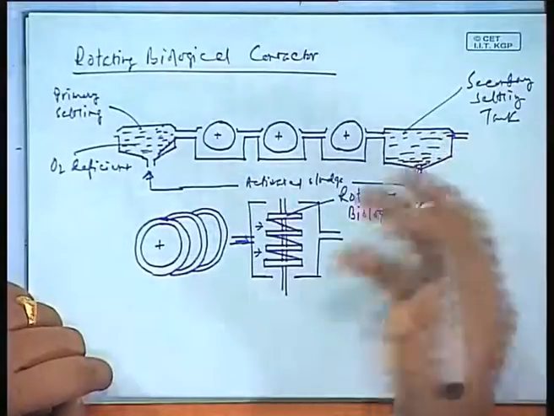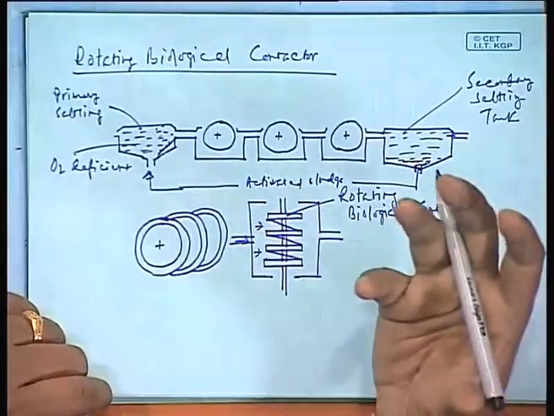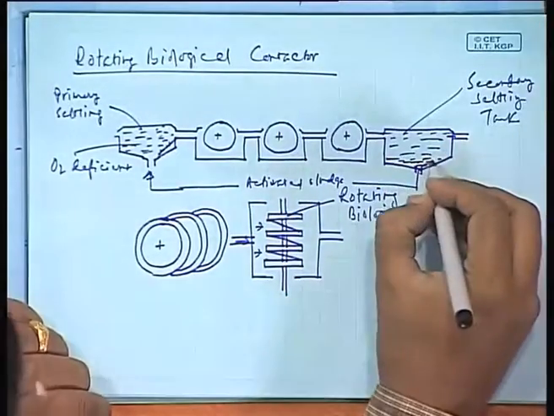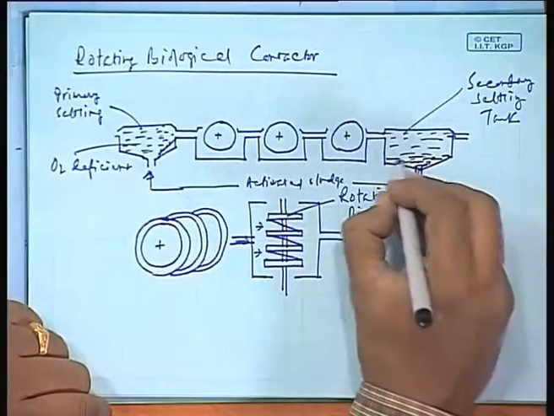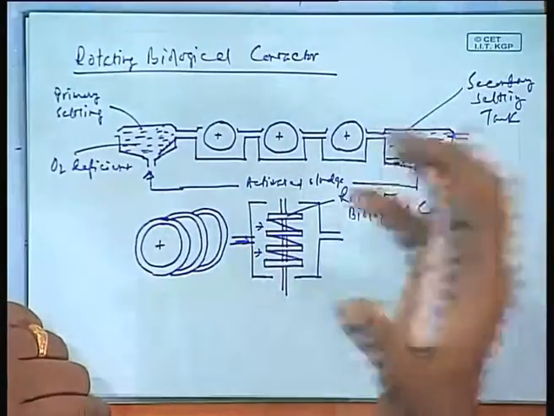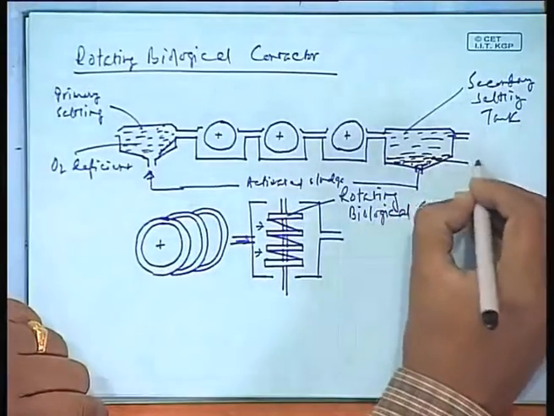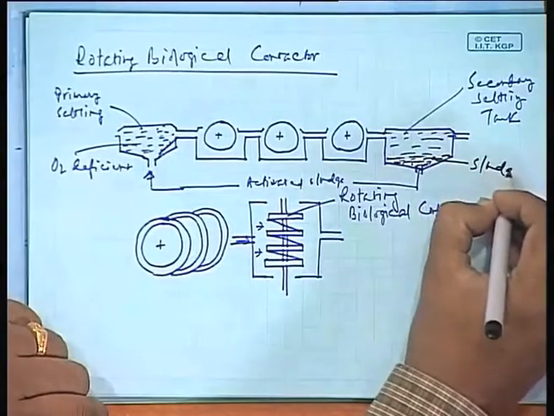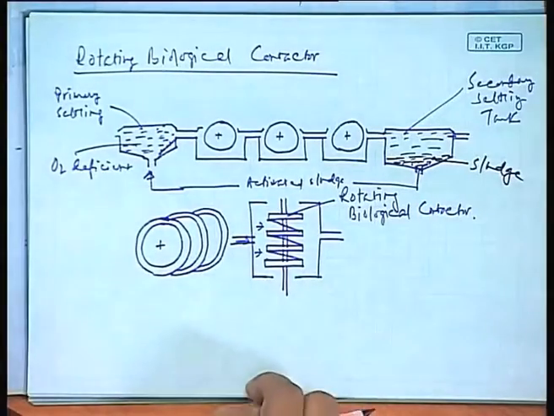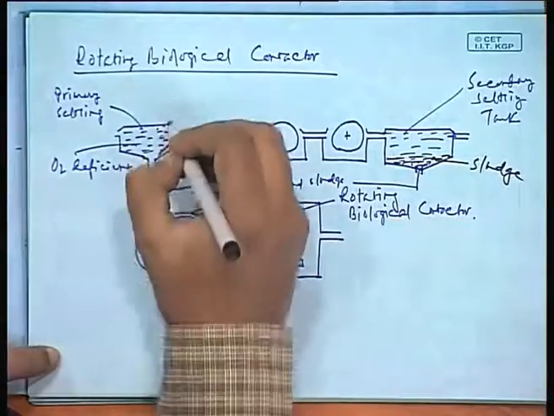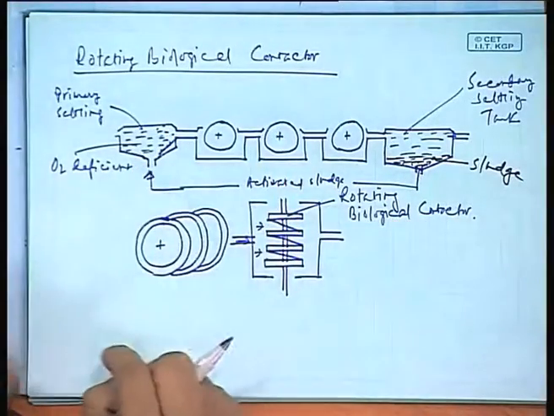To control this microbial action, sometimes we require it to be done fast and in a controlled manner. Some of the preferred microbes found in the sludge of this secondary settling tank would be reverted back to the primary settling tank again.